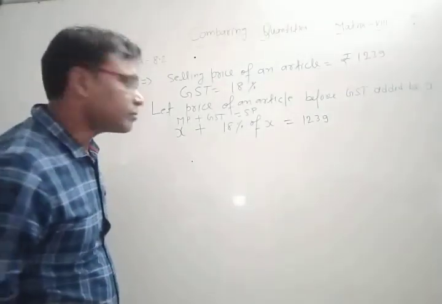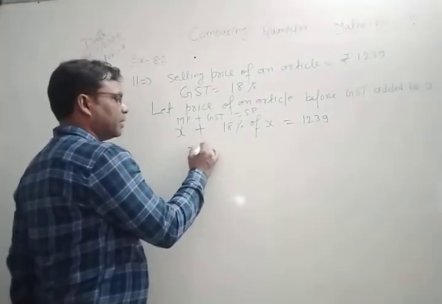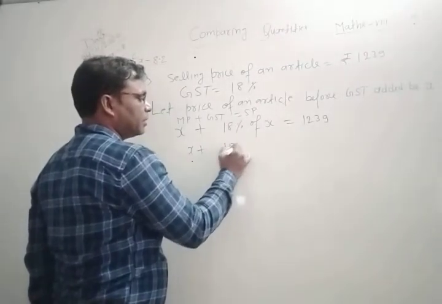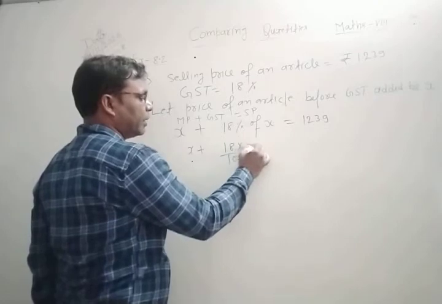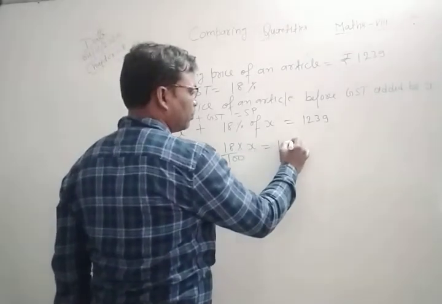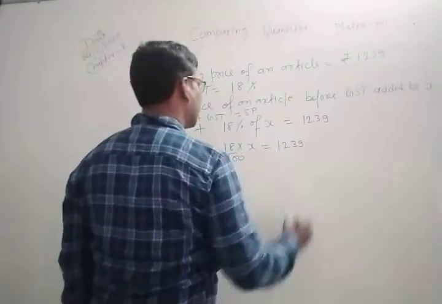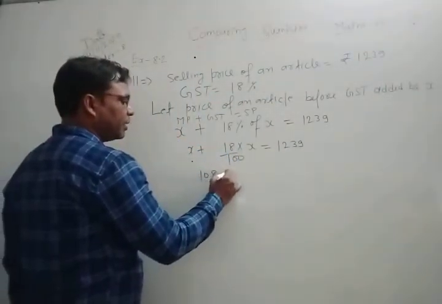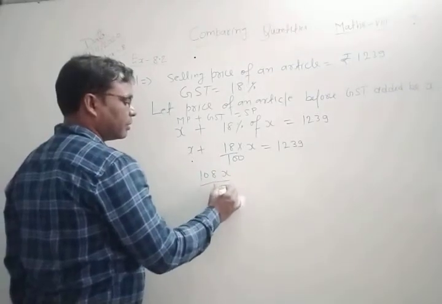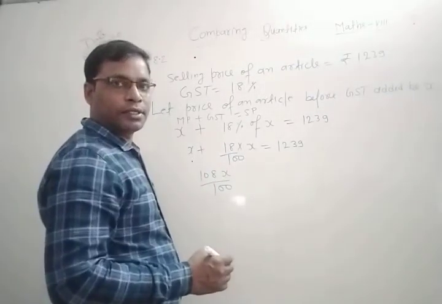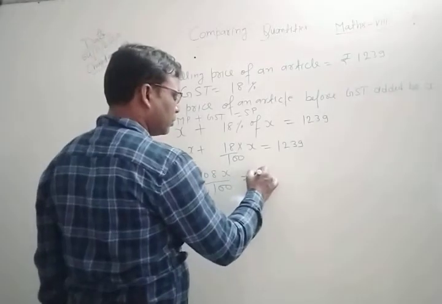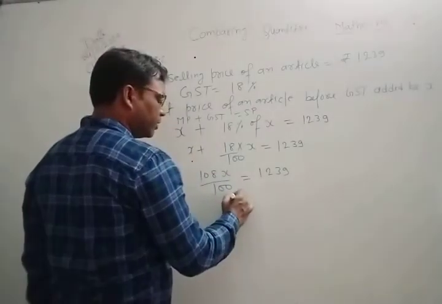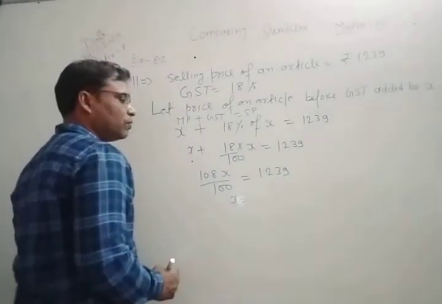Now x plus 18% of x means 18 by 100 into x is equal to 1239. If you add them, then you obtain 108 x by 100, which is equal to 1239.